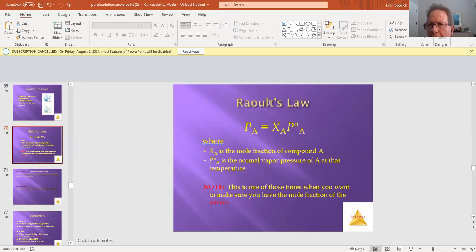So the question is, should the pressure of the solution be more or less than the pressure of the pure liquid if the mole fraction is less than 1? No, it should be less. It should be less because I'm multiplying. X is going to be less than 1, so I'm multiplying the pure pressure by something less than 1. Regular PA is going to be smaller than P superscript 0.